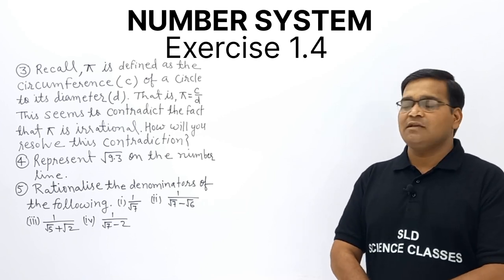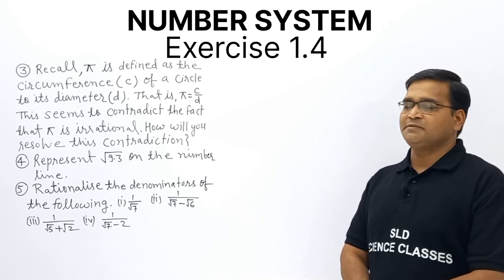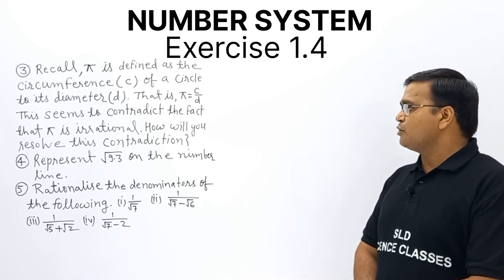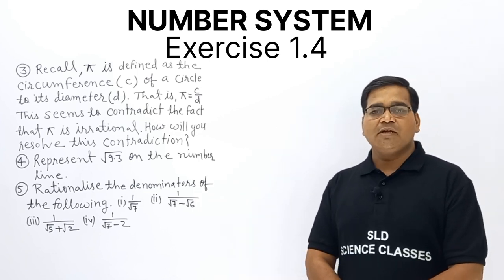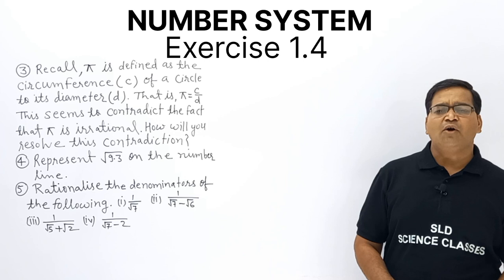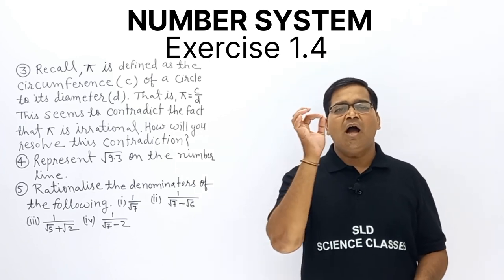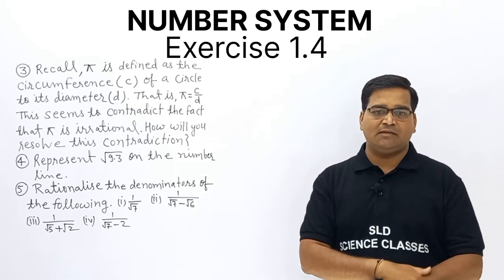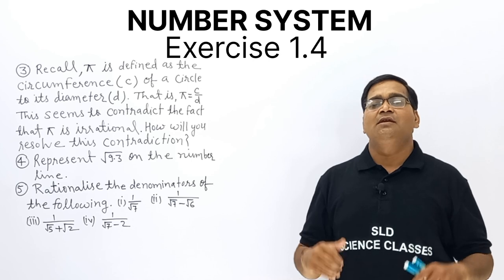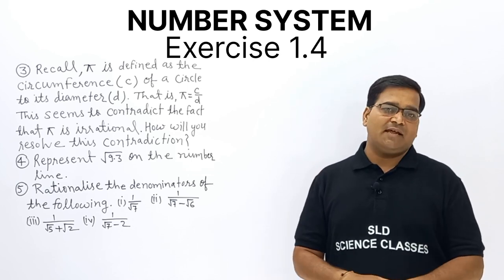Now first I am taking question number 5. What about this question? Rationalize the denominators of the given numbers. First I am going to explain how to rationalize denominators and why we are doing rationalization.